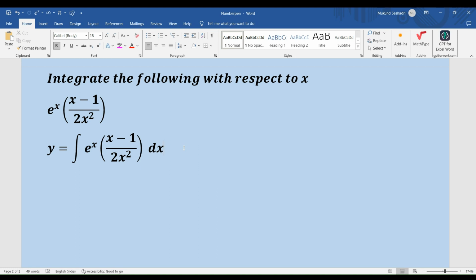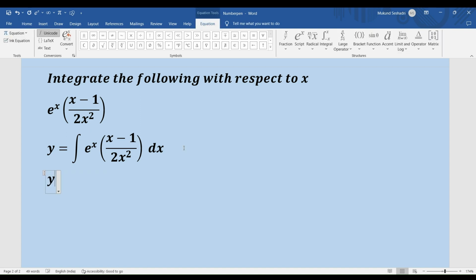And if you've not taken a look at my previous video where I discuss functions of the type e to the power x times f of x plus f dashed of x, then I'll put a link to that video in the description and I request all of you to take a look at that. Now, this is a problem of similar type. And why is that? You will understand when I do a little bit of rearrangement out here.